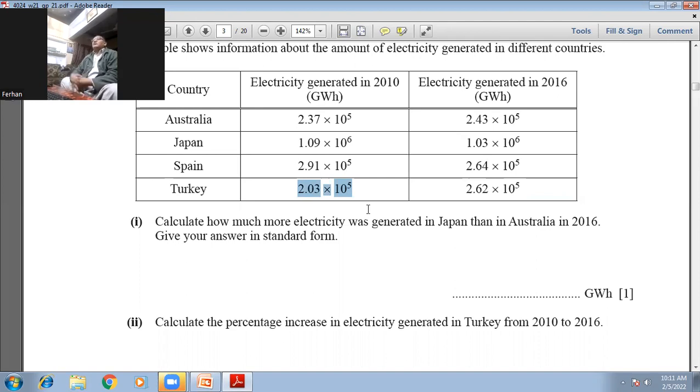So we have to represent this increase as a percentage. From this value, subtract this value, that will be the difference, and then divide it by the old value, that is the 2010 value 2.03 x 10^5, and then multiply by 100. So the process is very simple. So let me show you how I have done this.